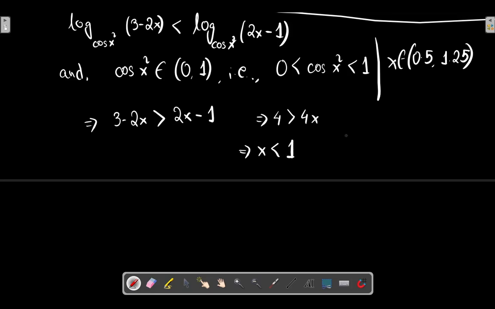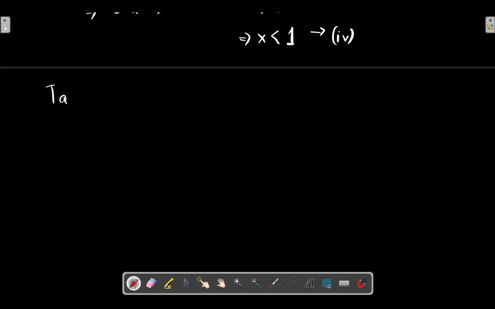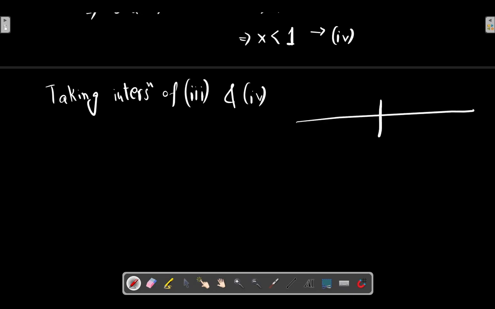So we have this, and now we are given this. Taking the intersection of 3 and 4, say this is 0, this is 1. x less than 1 implies that x belongs to minus infinity to 1, with 1 and minus infinity excluded.